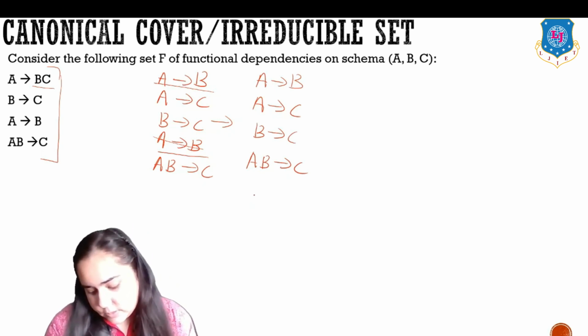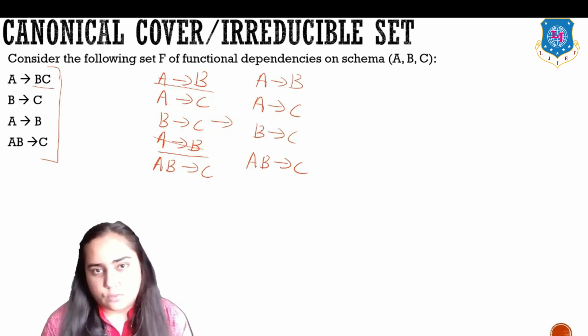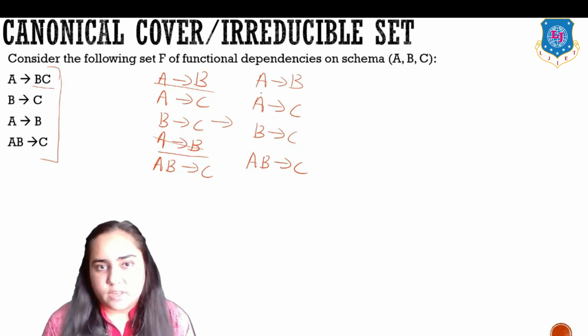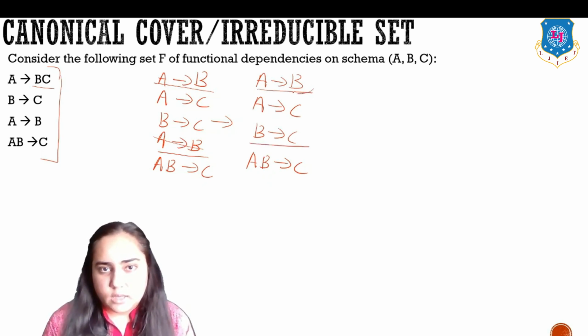Now, at this point, I can apply the transitivity rule over here, as you can see, because I have A determines B and I have B determines C, and here there's a B and here there's a B. I can actually generate A determines C using these two.